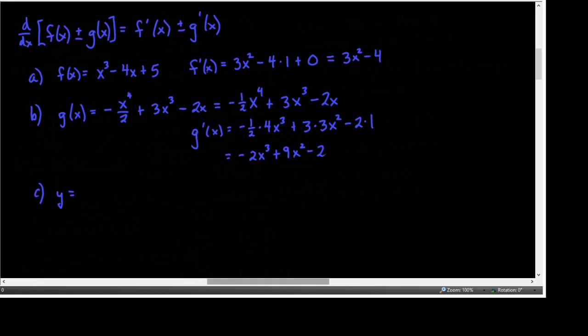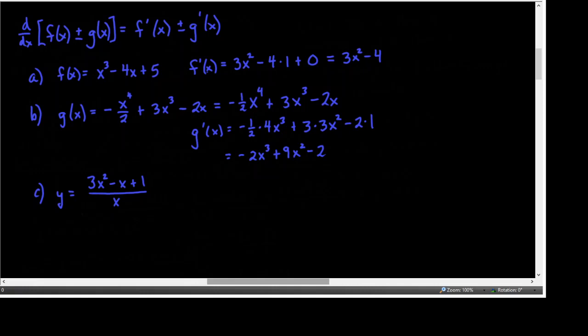Okay, this one, y equals 3x squared minus x plus 1 divided by x. Now, we haven't yet talked about any kind of rule having to do with the quotient of two functions, f of x over g of x.